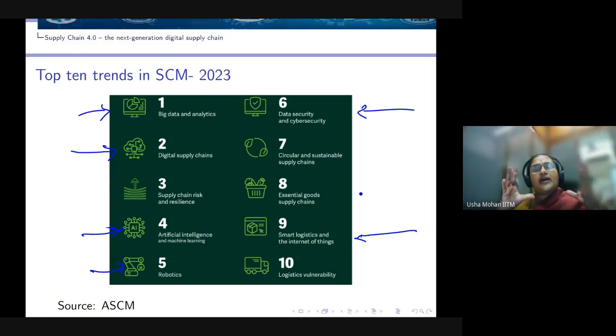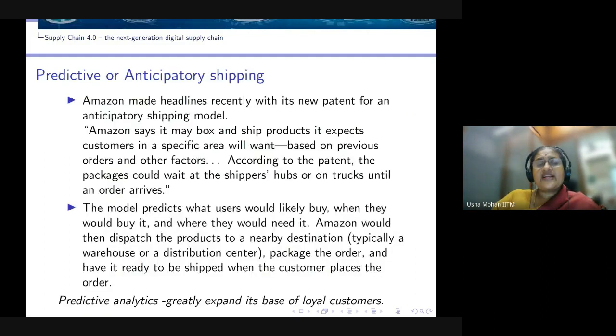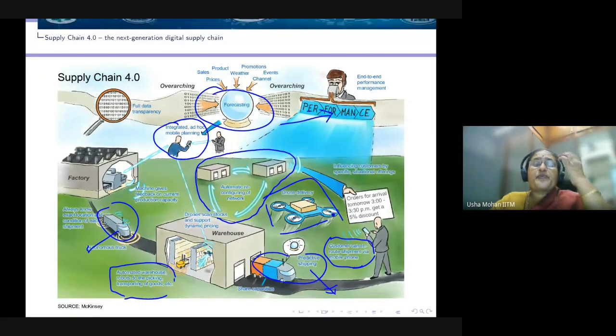All of them are key trends. Out of the 10 trends, 6 are directly related to technology or digital supply chains.